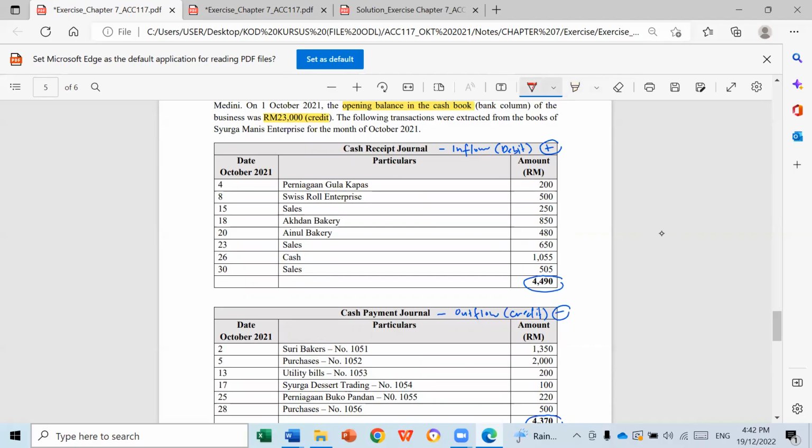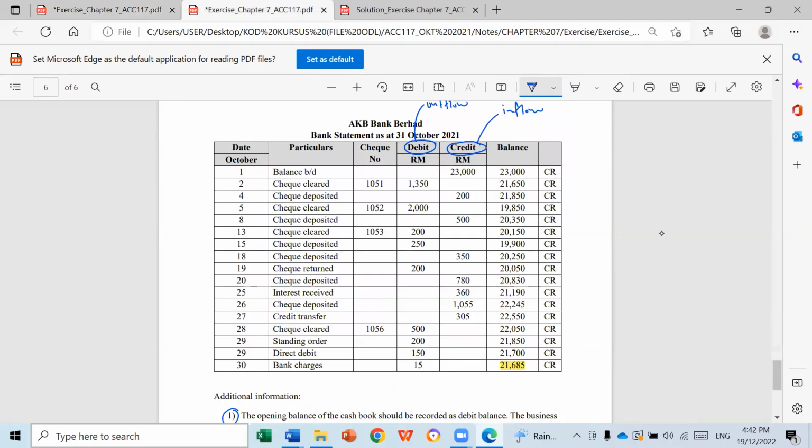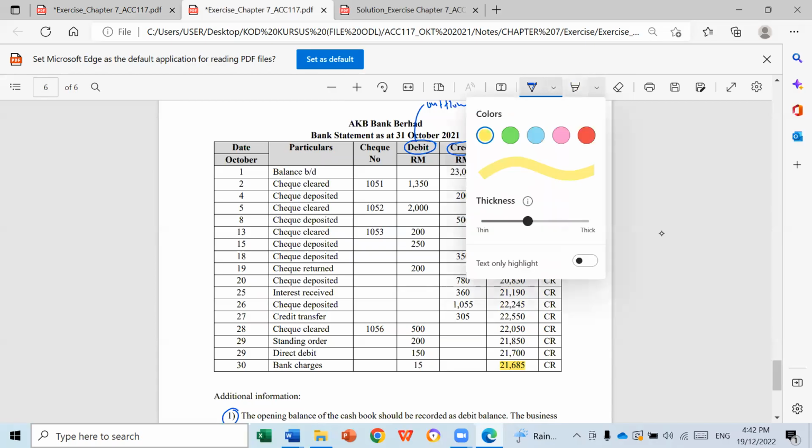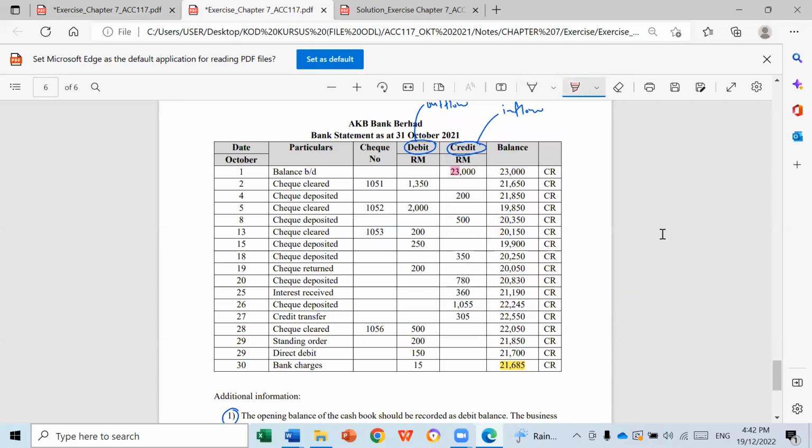This is the amount deposited from the business. Let us check whether it has the same one. Those that are not the same will be highlighted, so I'm going to highlight this first. Next, I continue. Okay, 200.